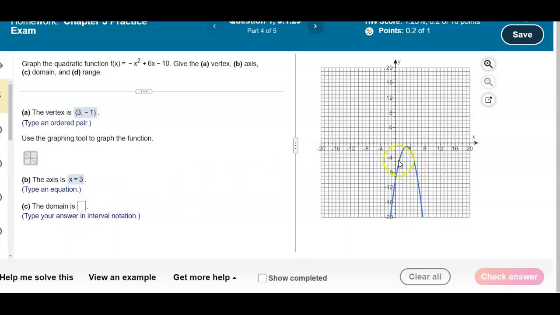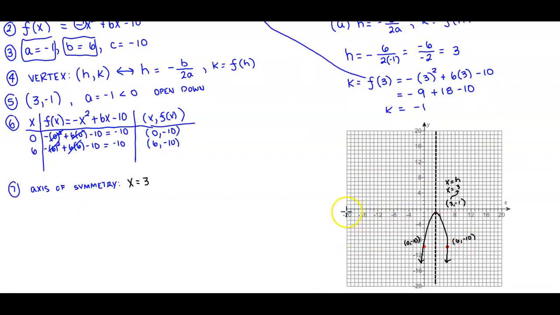Now we need to figure out what is the domain. Now remember, the domain of this graph is all the x values. So what are the x values that correspond to this graph? So you can see here that everything along the x-axis corresponds to everything on the x-axis.